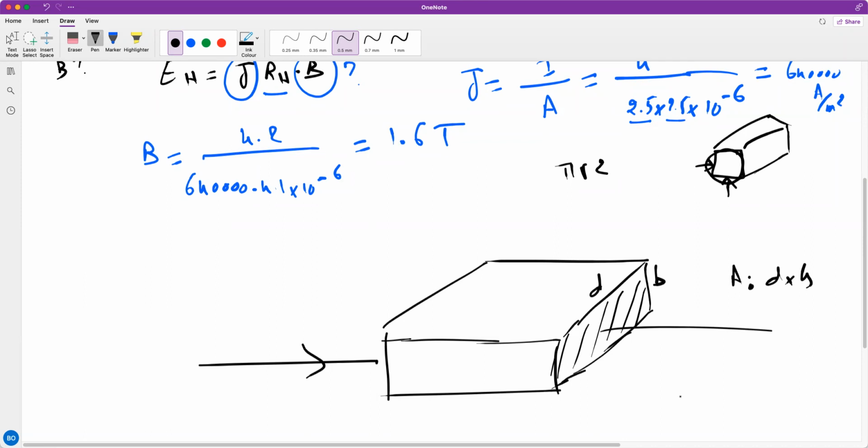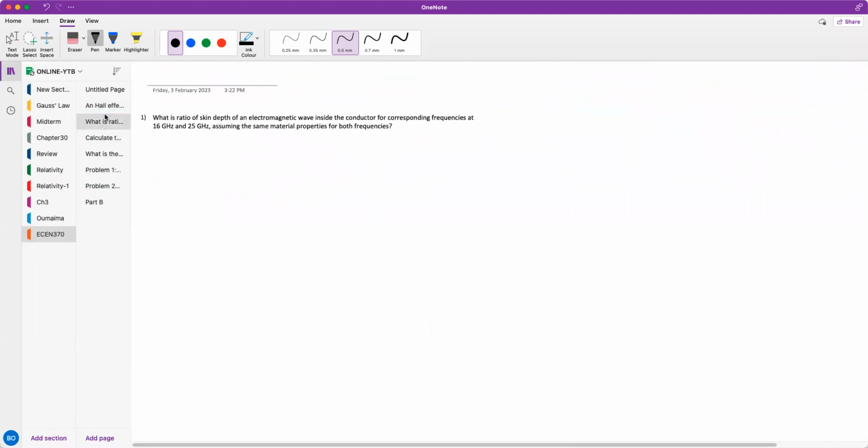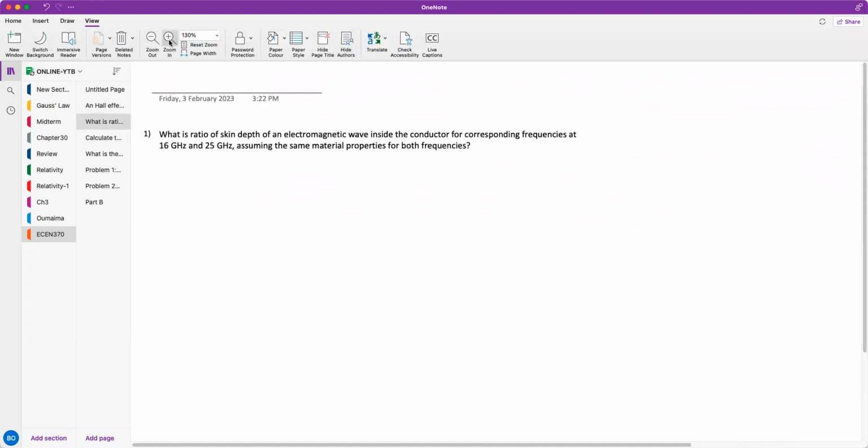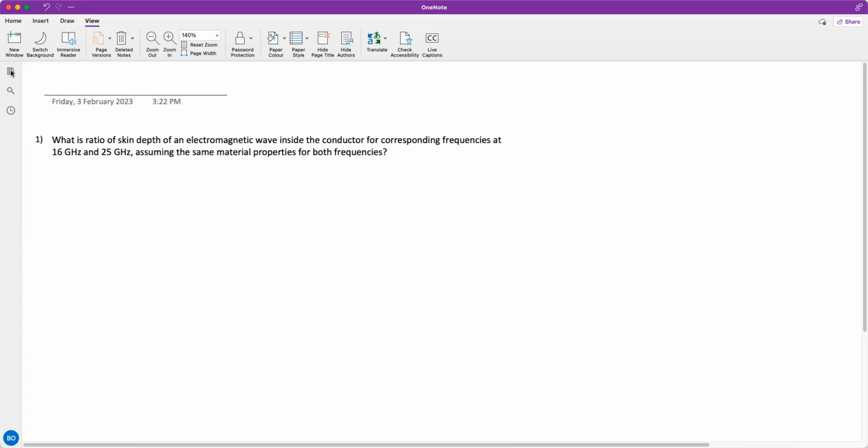Okay, let's go to the second part. I think this was a question of the quiz. By the way, after the quiz I will quickly do the first two questions of the exam from 2021 or so. Many students were asking whether we need material properties.